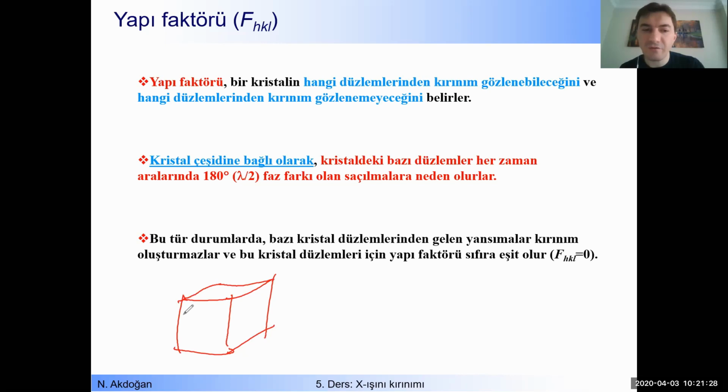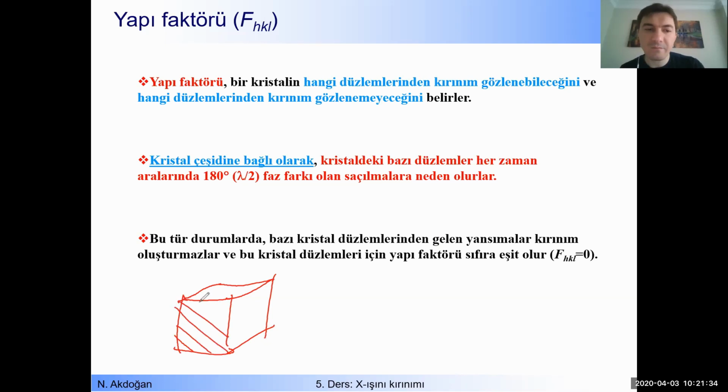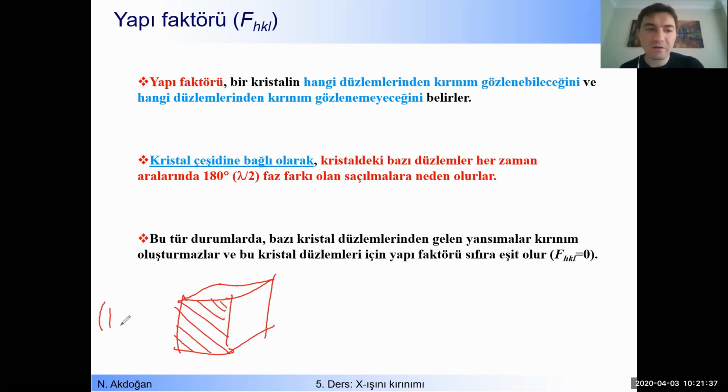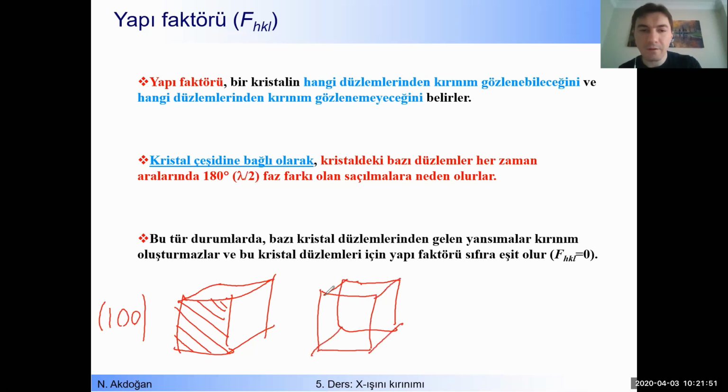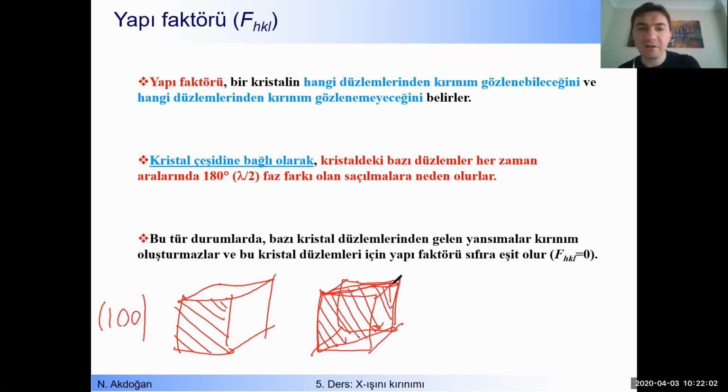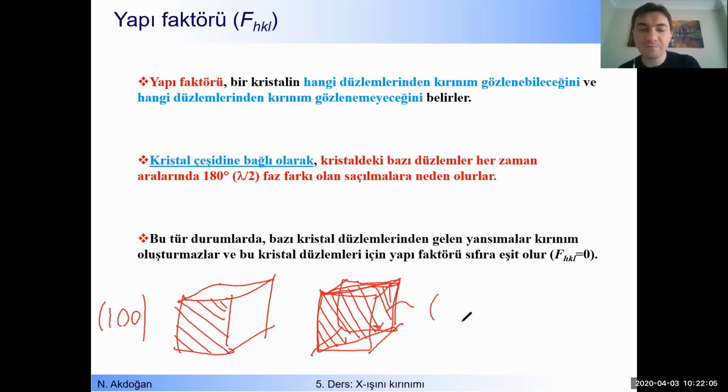Okay, we have different surfaces. So this surface here is 1, 0, 0, let's say, okay? But here I can choose another surface like this. Let me show you. Here we have another surface, this one. It cuts both the x and y axis. And the name of this surface is 1, 1, 0.